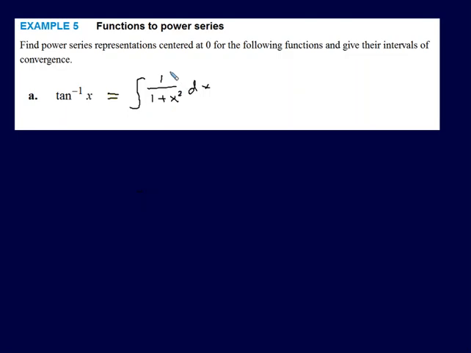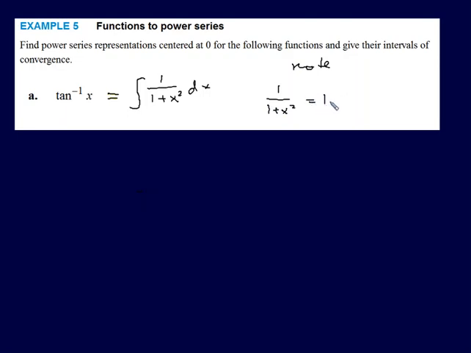And here we have something that we know from previous experience from Monday's lesson how to find the power series for. In fact, I'm going to refer you to the video we used on Monday and just say we already know what the power series for this is. Okay, so maybe just as a side note, we learned in a previous video that the function 1 over 1 plus x squared was represented by this power series right here.